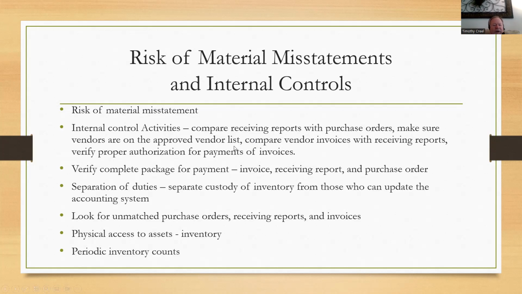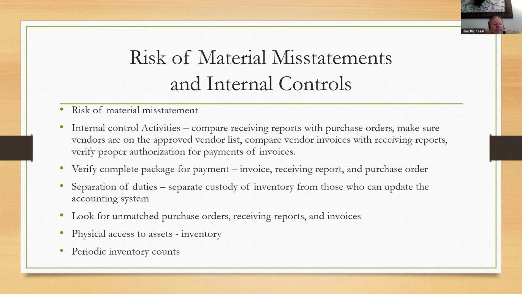Make sure vendors are on the approved list. A big area of fraud is doing business with someone that's not on the approved vendor list. Sometimes companies have found that employees set themselves up as a vendor, and supposedly they're doing business with themselves or overcharging.